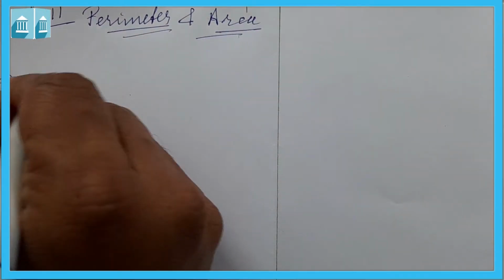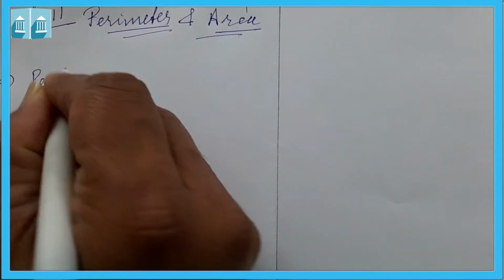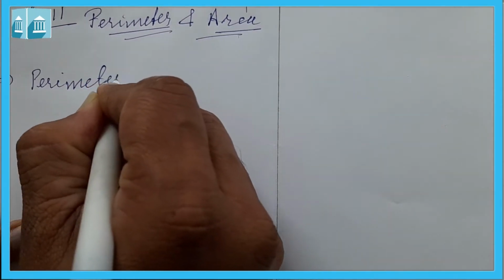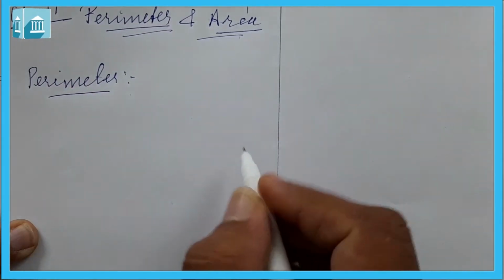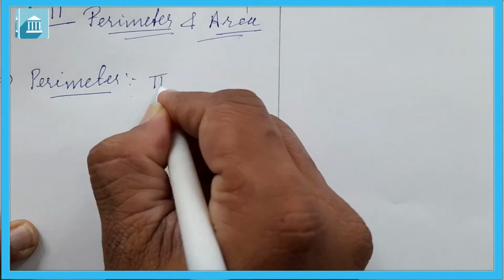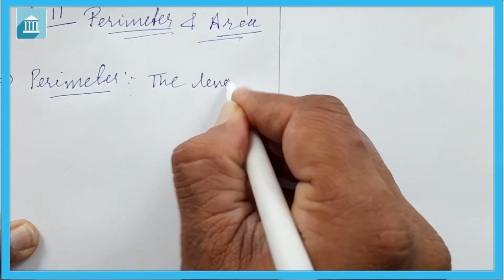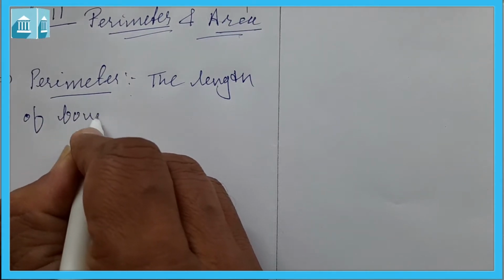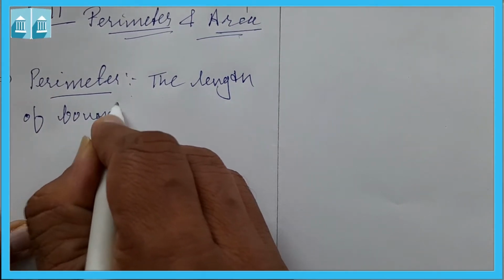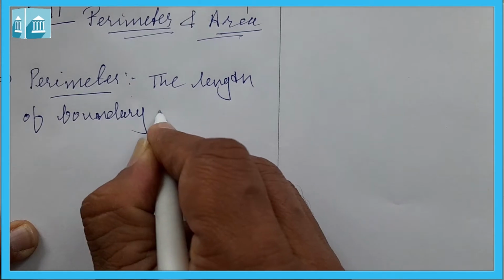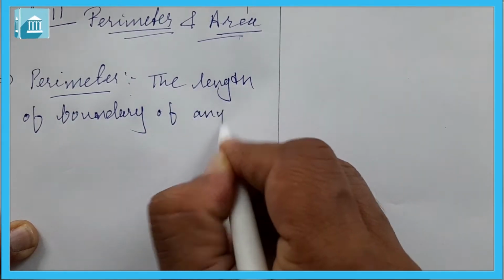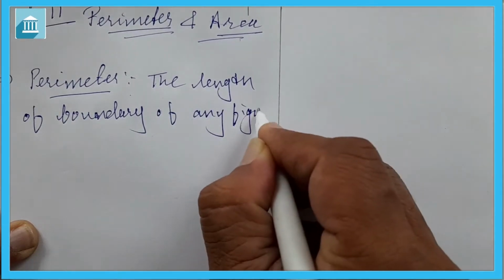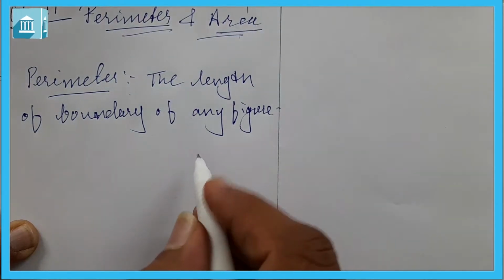Before that, first let us understand what is perimeter. Perimeter is the length of the boundary of any figure.